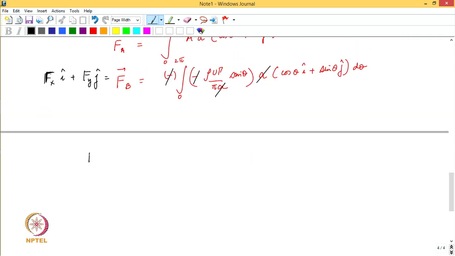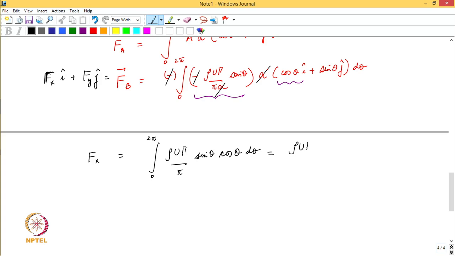For instance, if I look at F x, that would be given as the integral of rho u gamma by pi sin theta cosine theta d theta. That would be because the x part would come from the coefficient multiplied by cosine theta i cap.